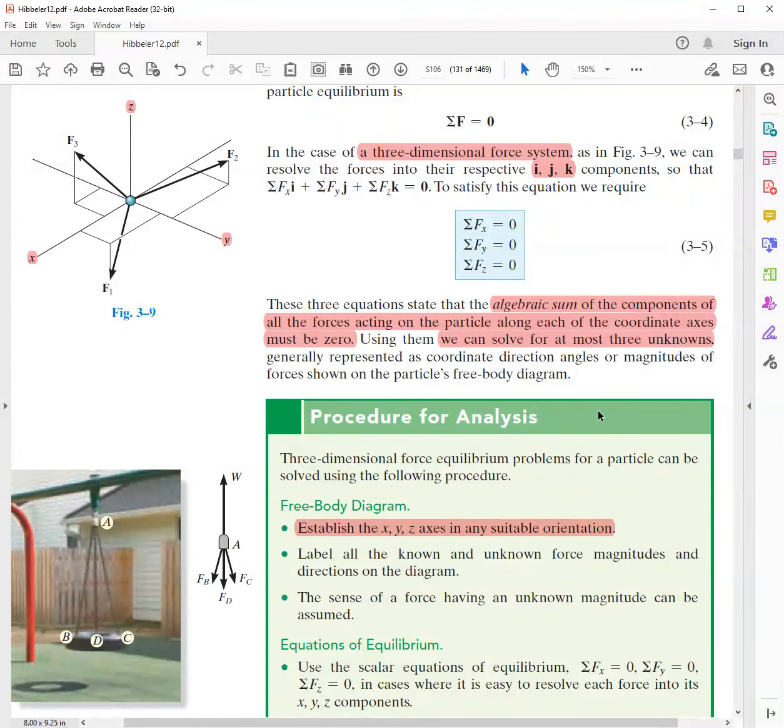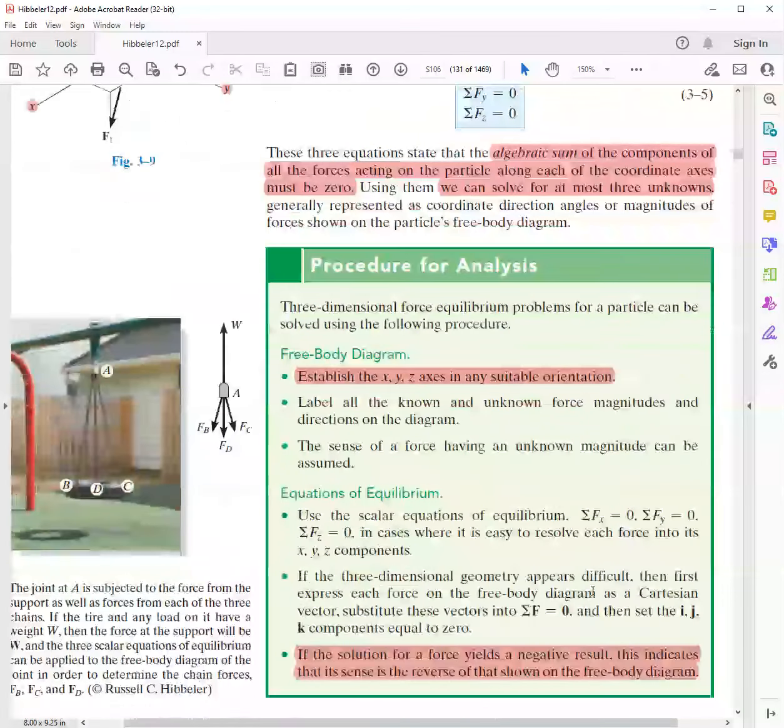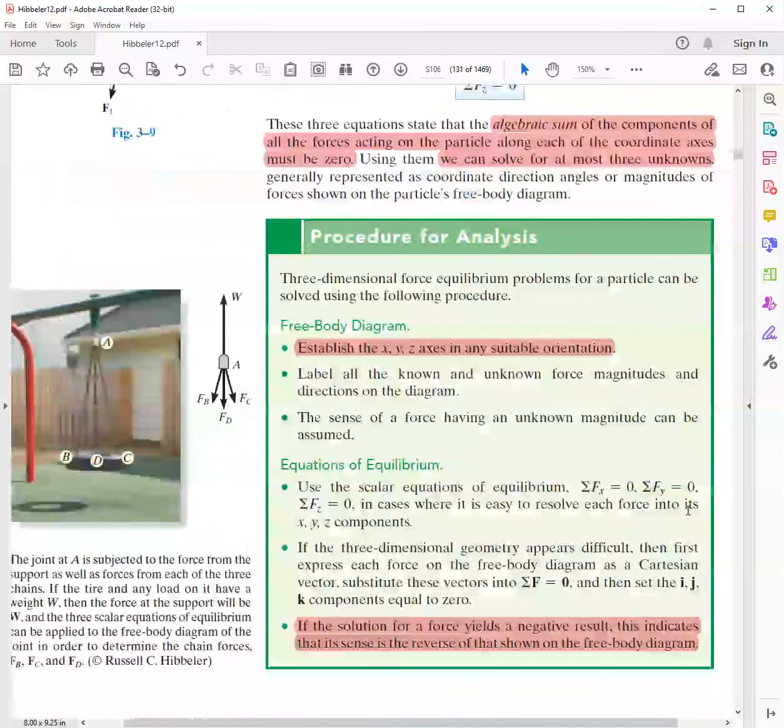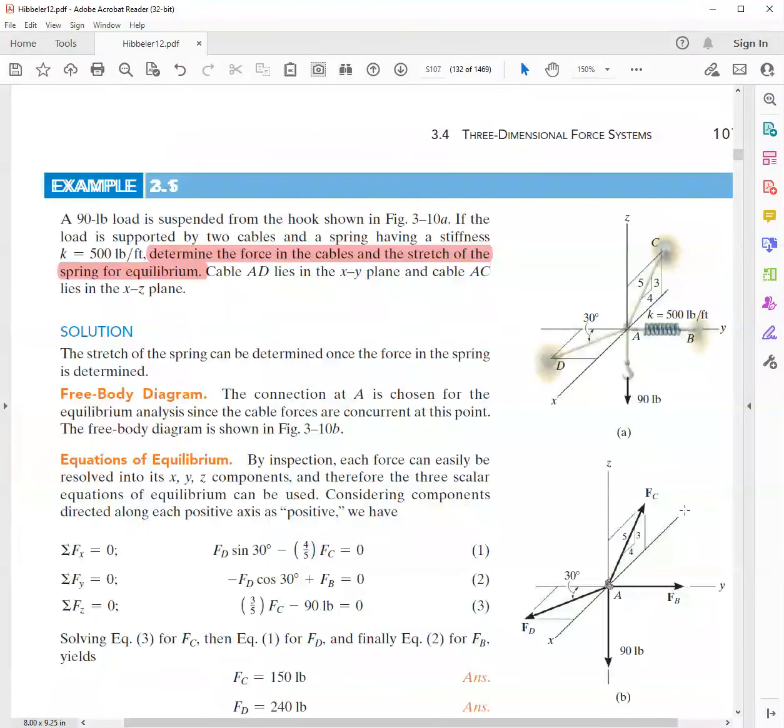We have gravity acting in the negative direction of z, and yeah, state equilibrium equations, and solve for the unknowns, using as much additional information from the geometry given for a solution.